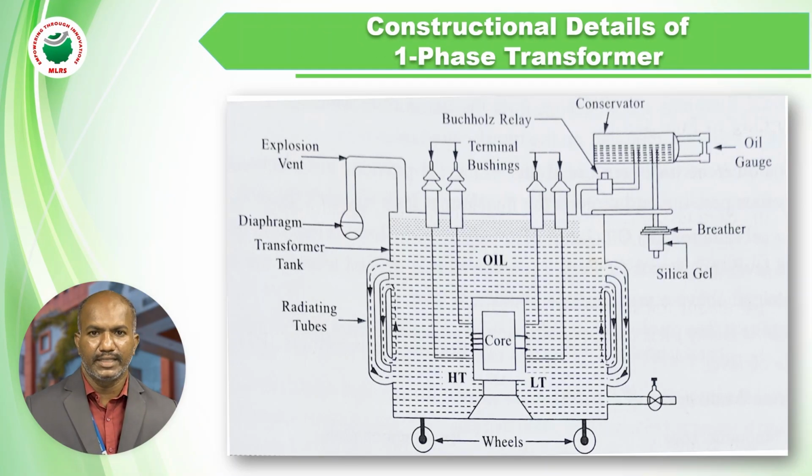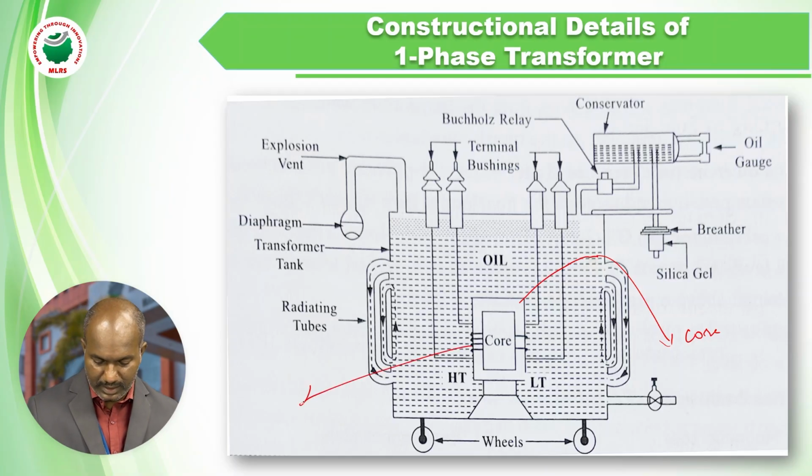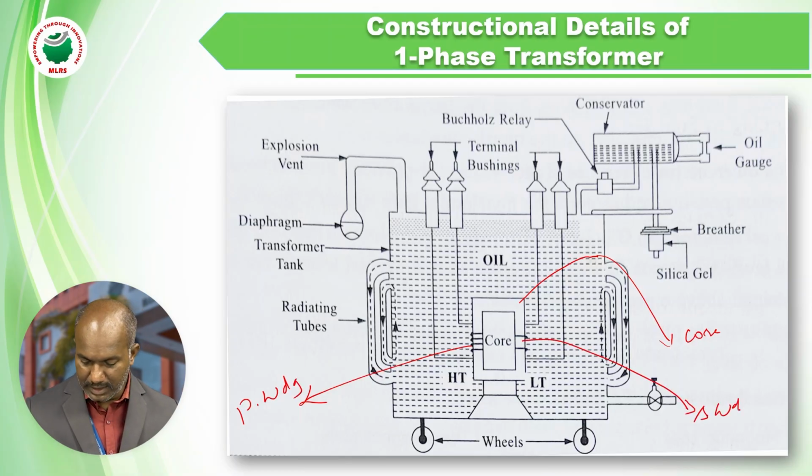What are the construction details of the transformer? This is the transformer diagram. It is showing a number of parts of the transformer. What are the main parts of the transformer? First one is the core, the middle core of the transformer, and this is the primary winding, and this is the secondary winding.